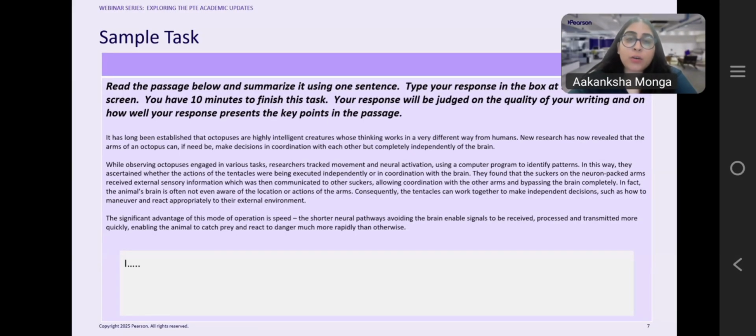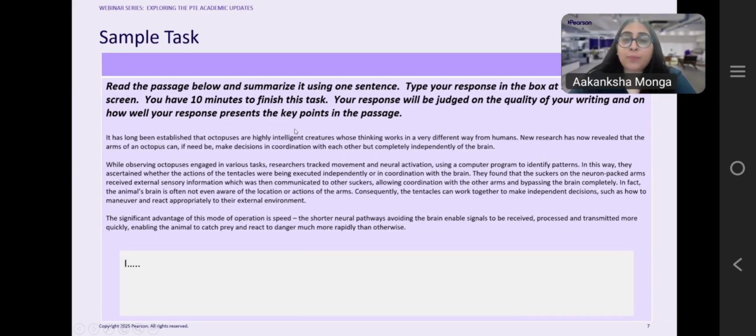This is important because instructions contain important information such as timings or any other factors that are important. For example, here, the keyword is that the summary has to be written in one sentence. They can type their answer in the box at the bottom. It also mentions the timing, which is 10 minutes to finish this task.